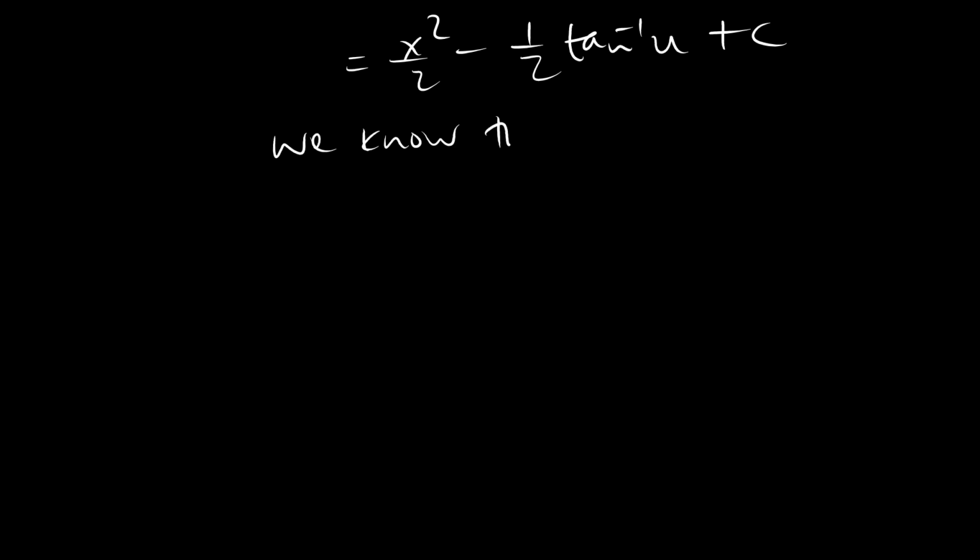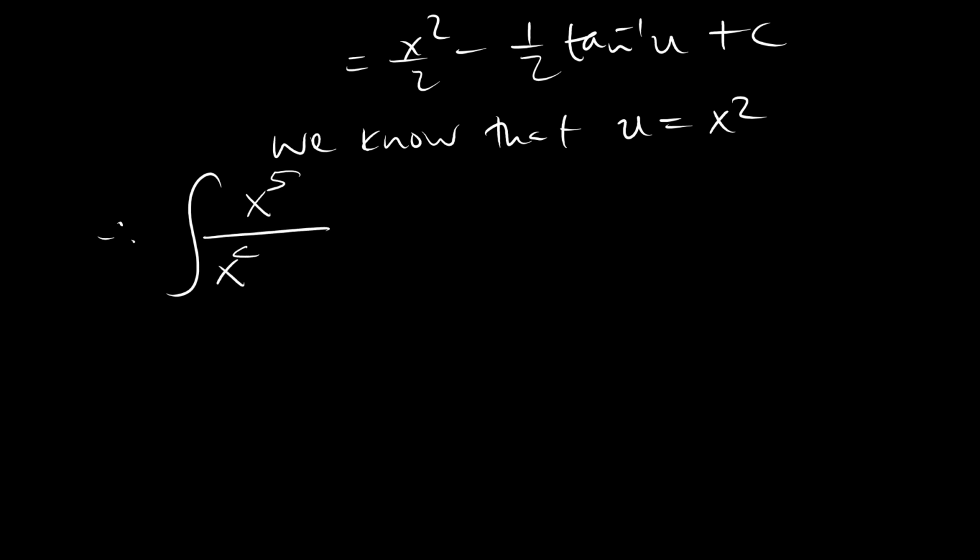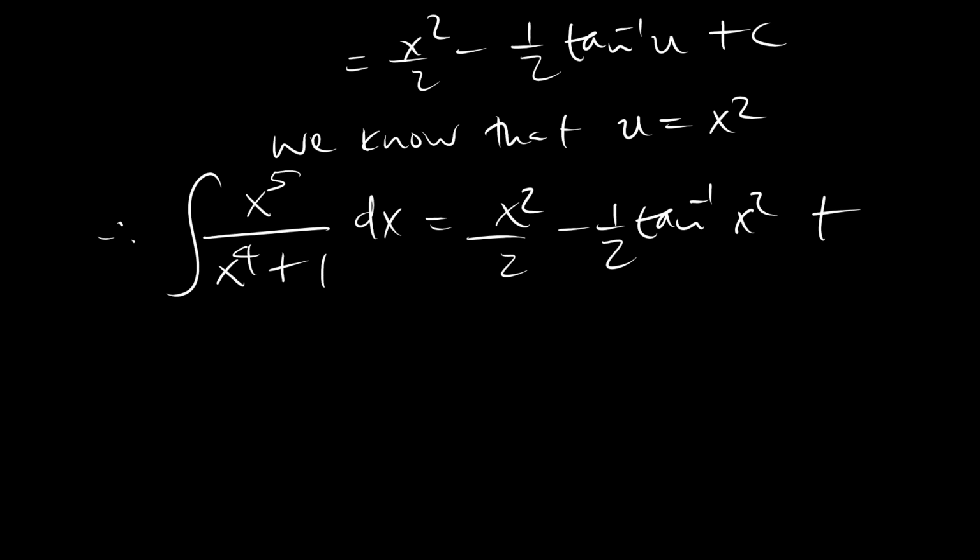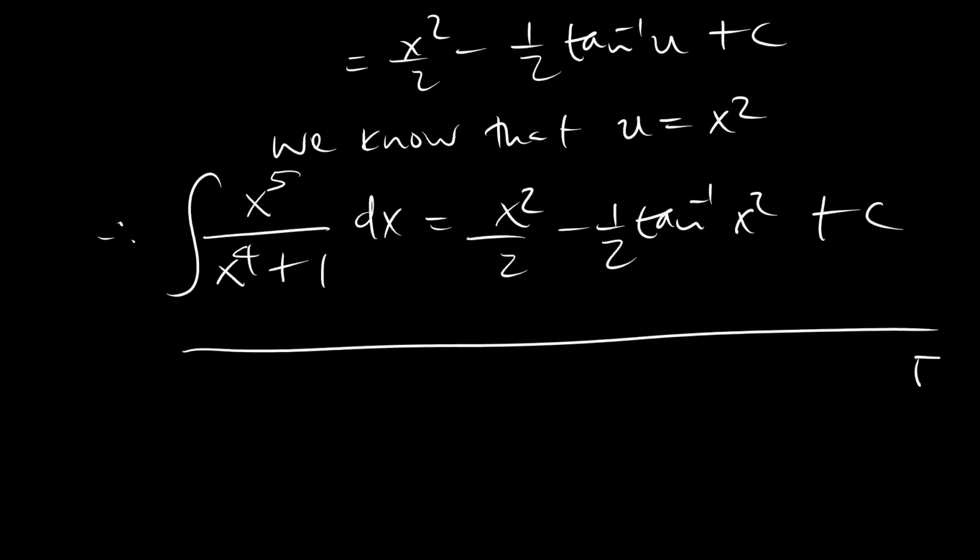And since we have x squared over 2 minus a half arctangent of u plus c, we know that u is equal to x squared. Therefore, the integral of x to the 5 over x to the 4 plus 1 dx is x squared over 2 minus a half arctangent of x squared plus integration constant. And that, ladies and gentlemen, is our answer.